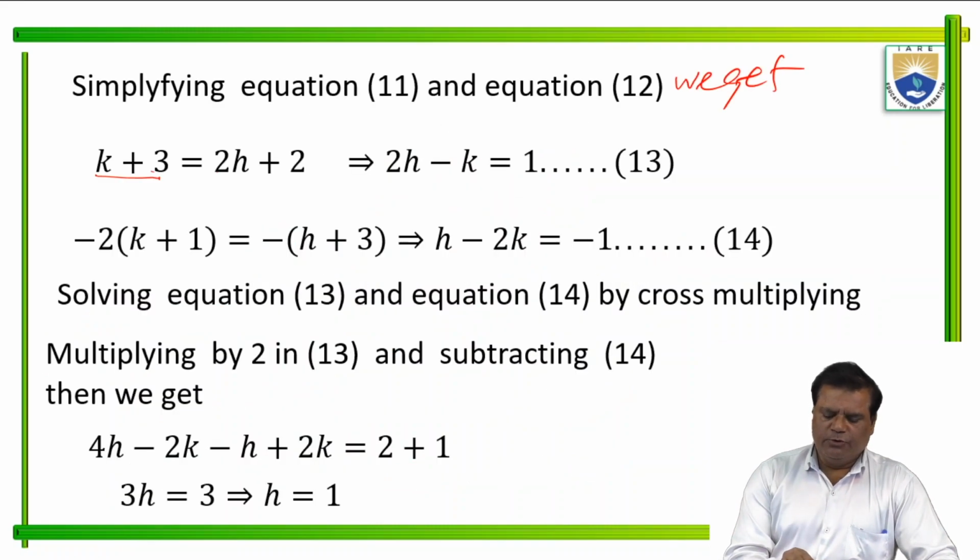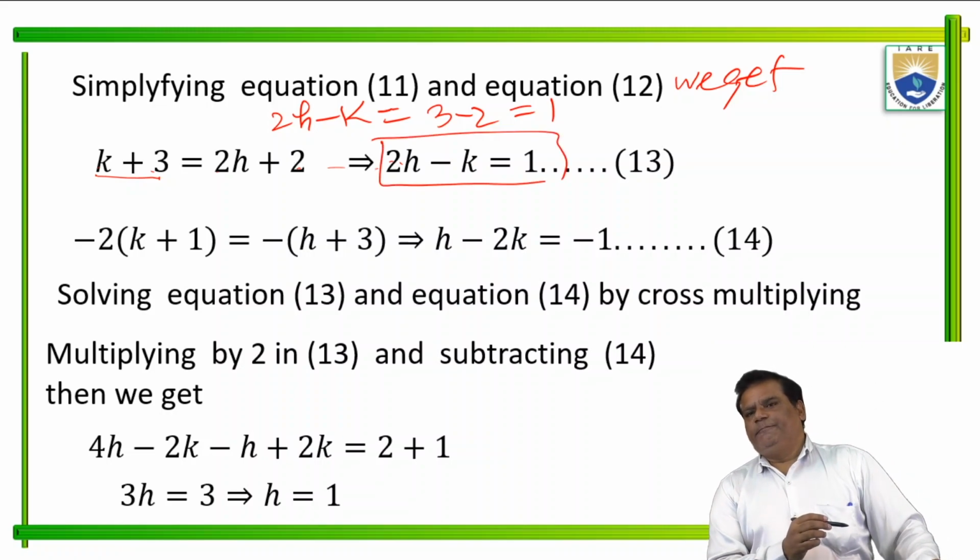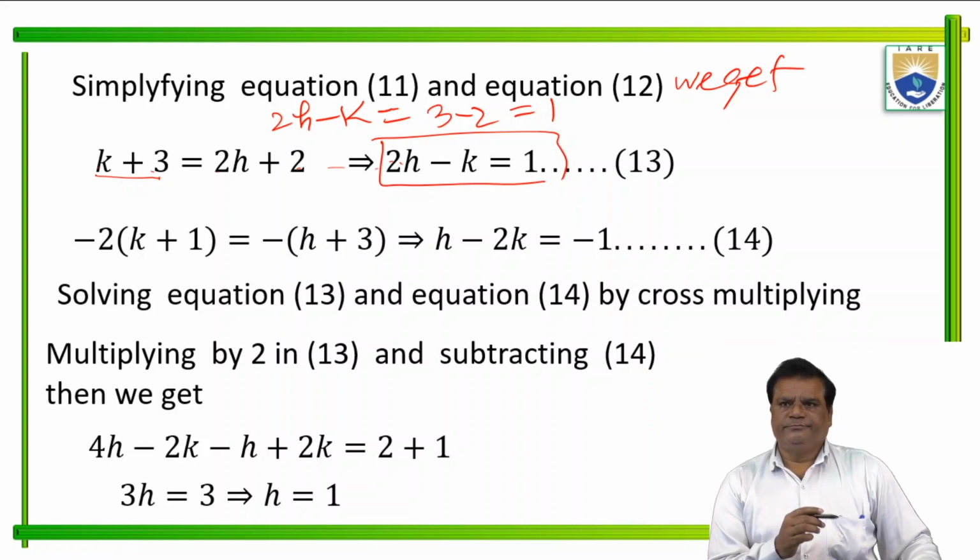This implies 2h minus k equal to 3 minus 2, which is 1. So we get the equation 2h minus k equal to 1.